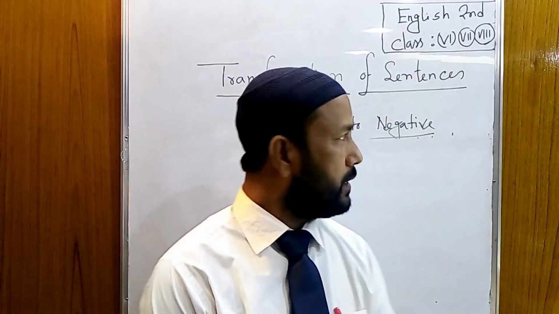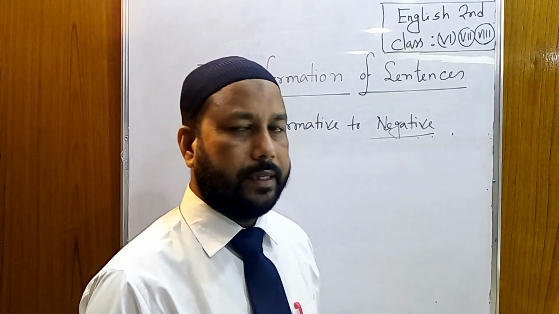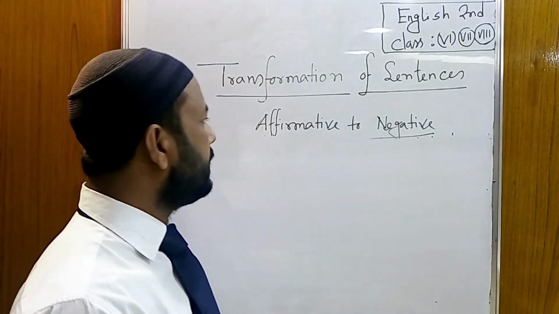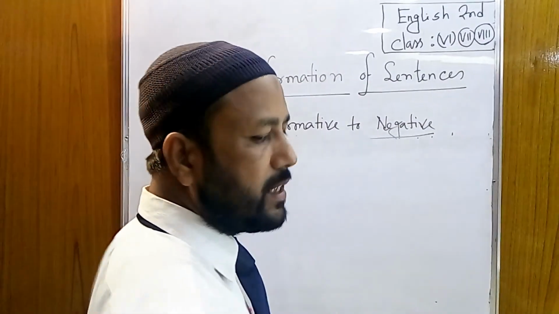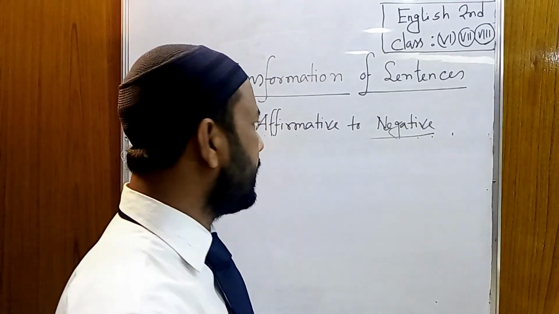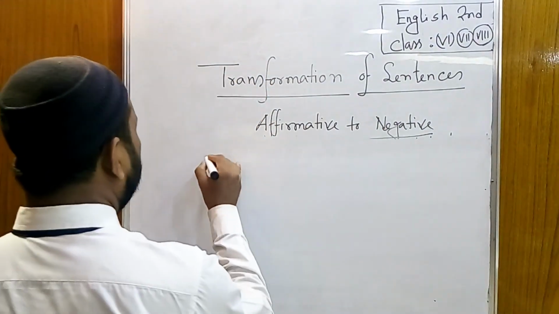Okay, my dear students, now we will move to the second rule. In this rule, I will show you some techniques for how we convert this sentence into negative. Just look at here.